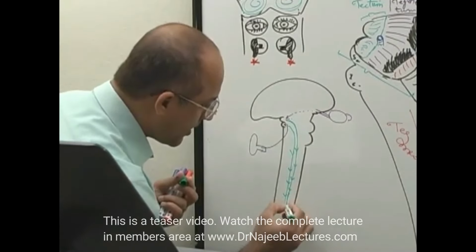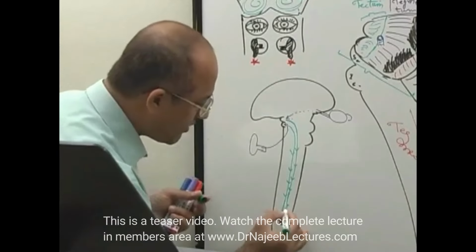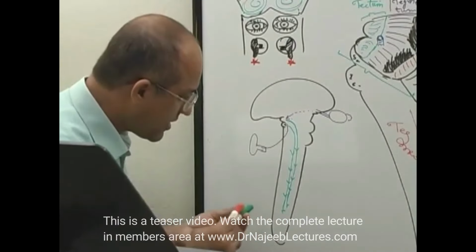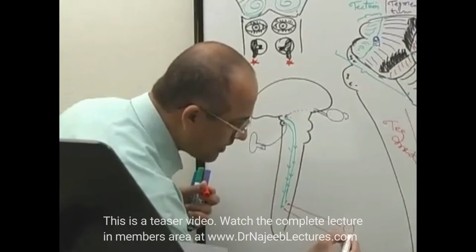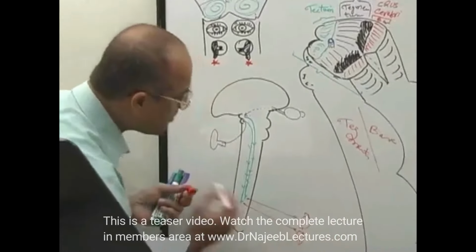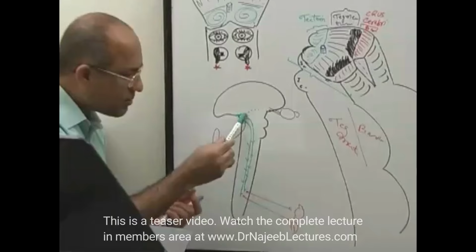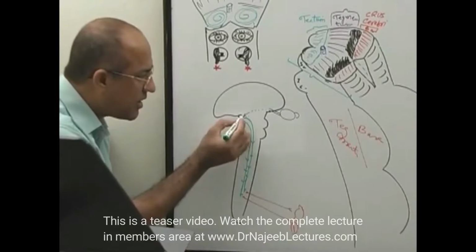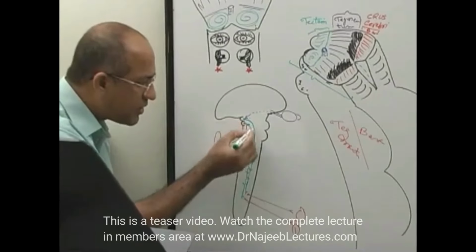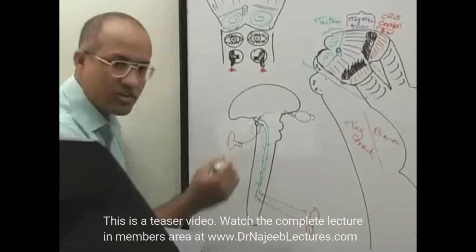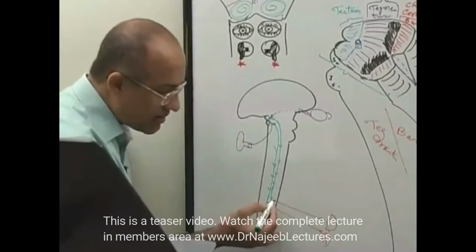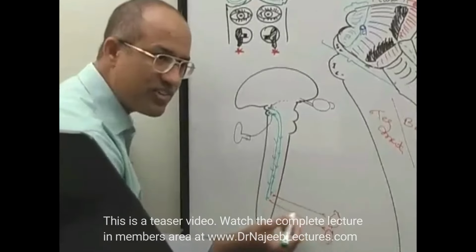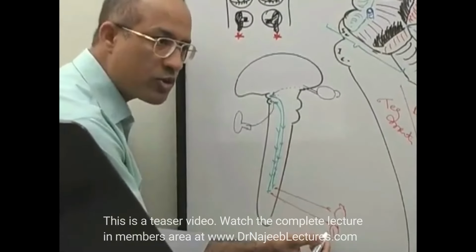Descending. Now, these descending fibers will end up on lower motor neurons, and these are going to the muscles in the body. Now, why have I drawn this pathway? These fibers are starting from the superior colliculus and inferior colliculus, or from the tectum, going down and influencing the lower motor neurons going to the muscle.